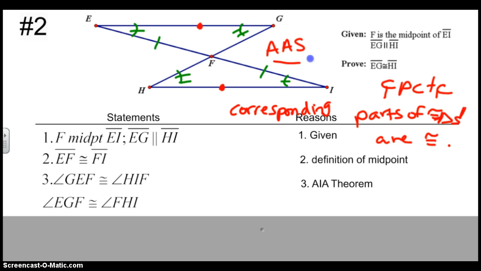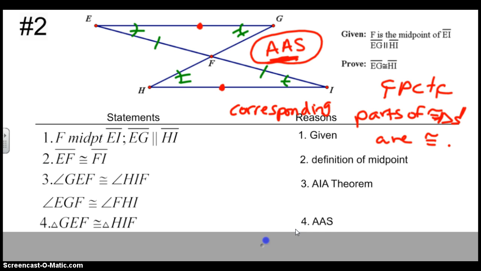So that means if I know that my two triangles are congruent by angle, angle, side, I know that any other part that's not already listed will also be congruent, meaning segment EG congruent to segment HI. So let's write it. So now I know my triangles are congruent by angle, angle, side, just like we said, right? And then, because the triangles are congruent, we only have 3 of the corresponding parts listed.